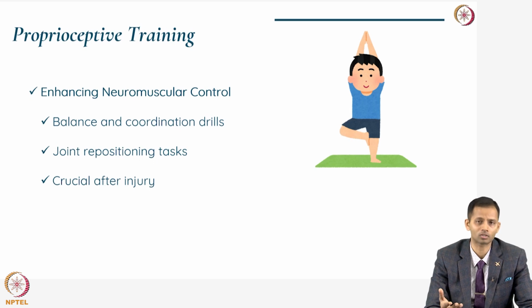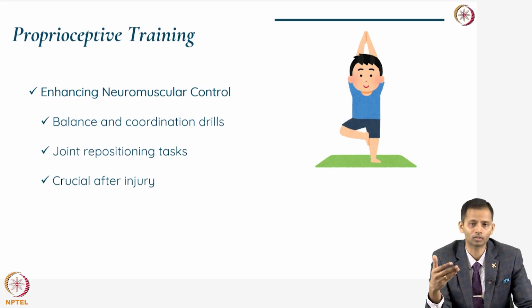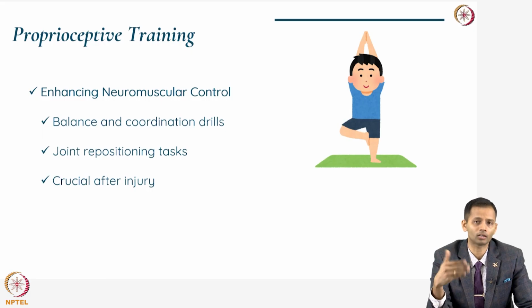More commonly in terms of ankle injuries, it has been seen in scientific literature as well that incorporating proprioceptive training actually reduces the risk of re-injury in most of the lower limb related injuries.